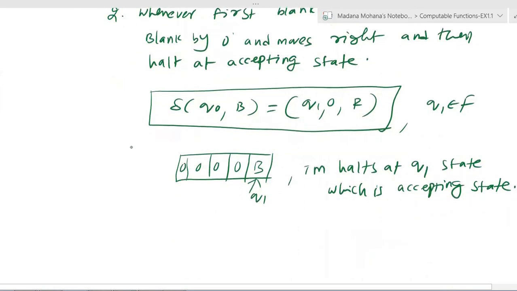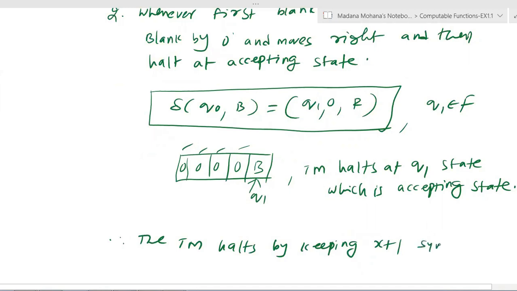So now you can see the final configuration. Therefore, here 1, 2, 3, 4, 4 zeros are there. Therefore, the Turing machine halts by keeping x plus 1 symbols on the tape.